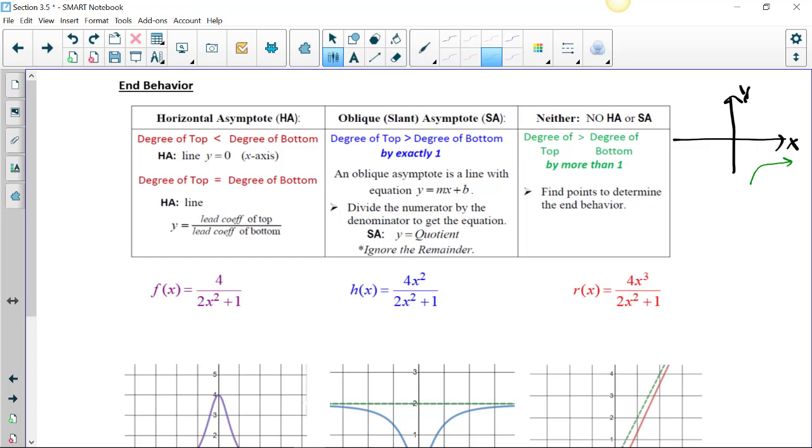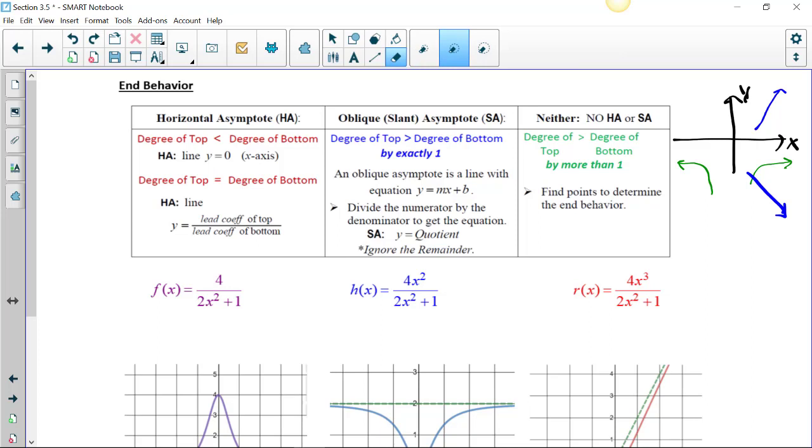So does it do something like this where it looks kind of flat? Or does it possibly increase without bound, or possibly decrease without bound? I guess I shouldn't draw those all in the same picture, but what is happening at the ends?